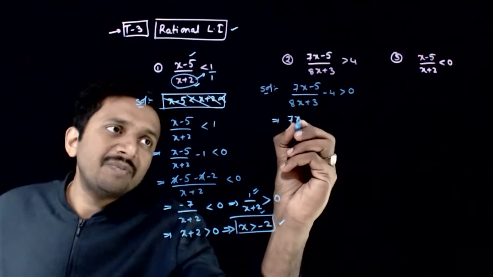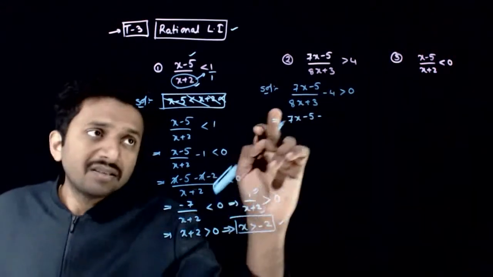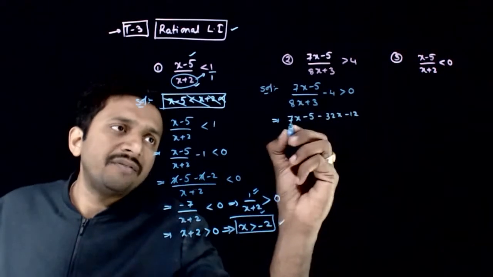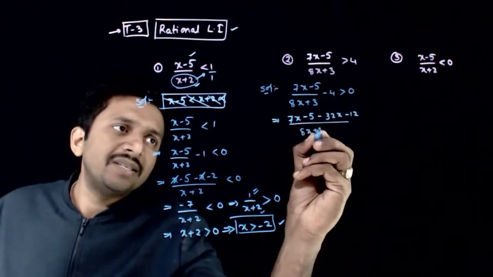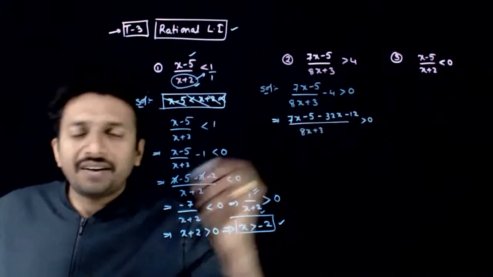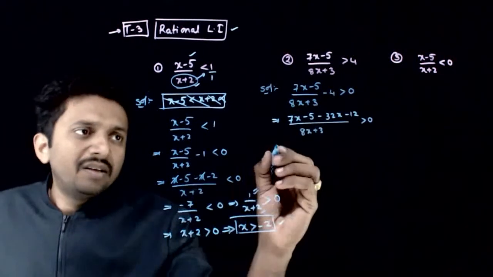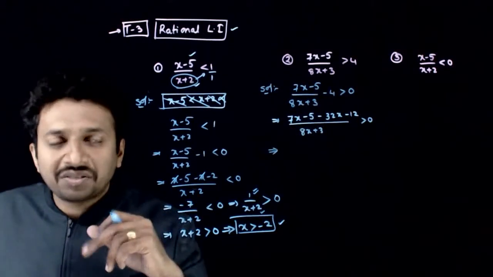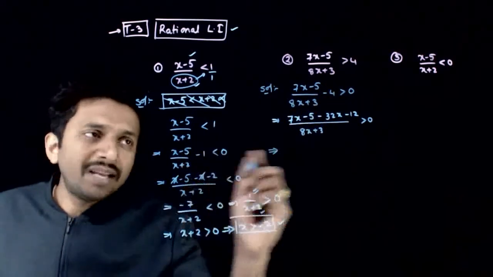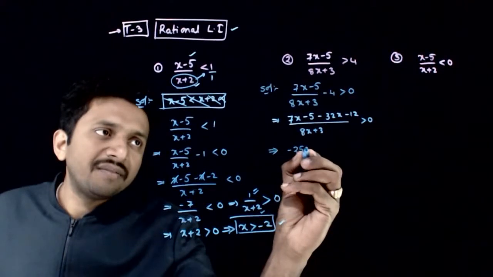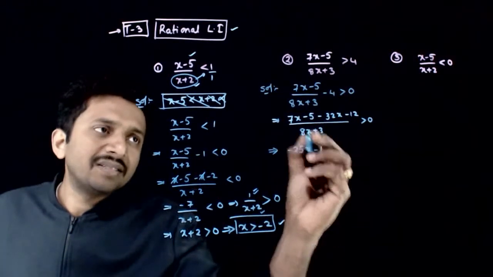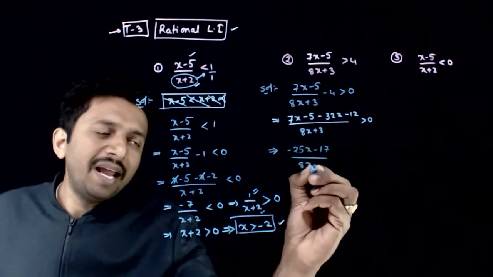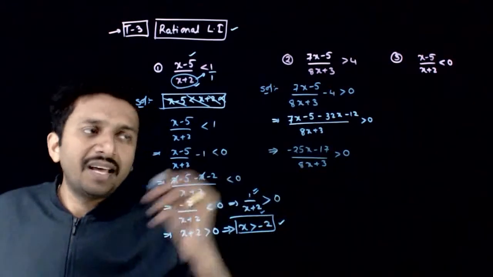So 7x minus 5 minus 4 times 8x is 32x minus 12 by 8x plus 3 is greater than 0. This implies 7x minus 32x is minus 25x, and minus 5 minus 12 is minus 17, by 8x plus 3 is greater than 0.